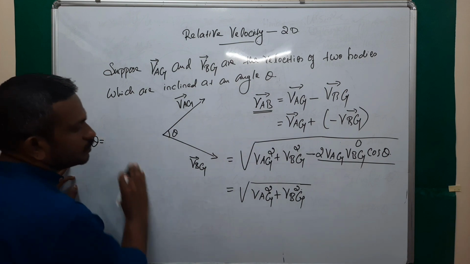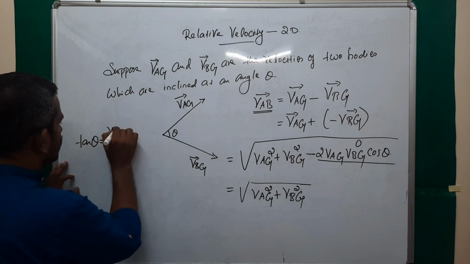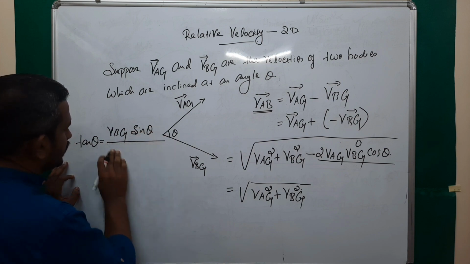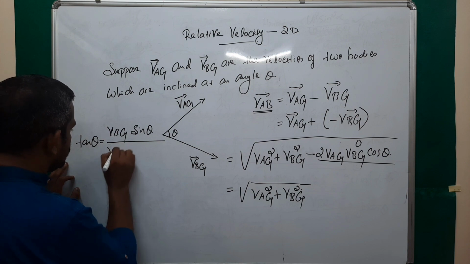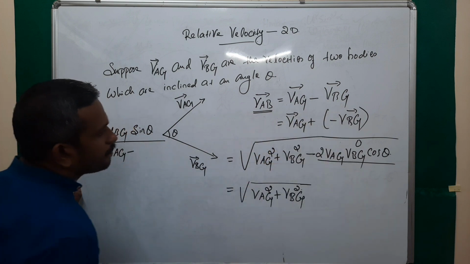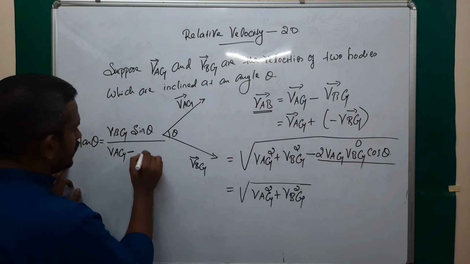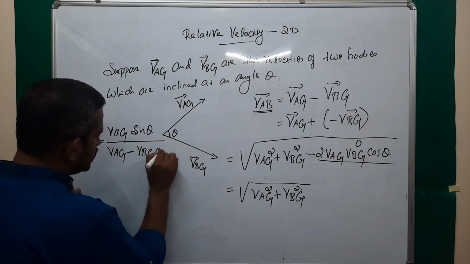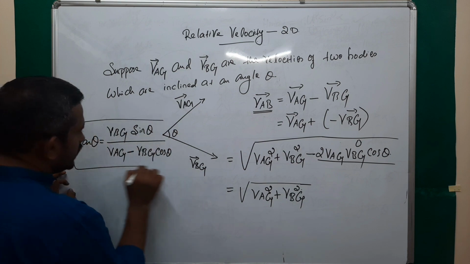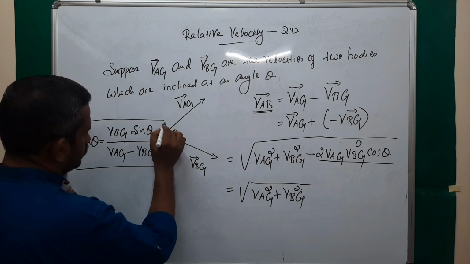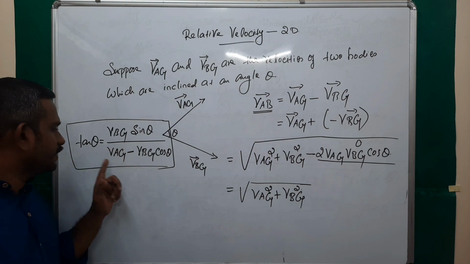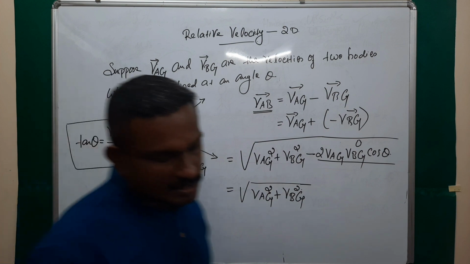So tan theta is equal to VBG sin theta divided by VAG minus VBG cos theta, with a minus here because it is minus. You can use this formula to find the direction.